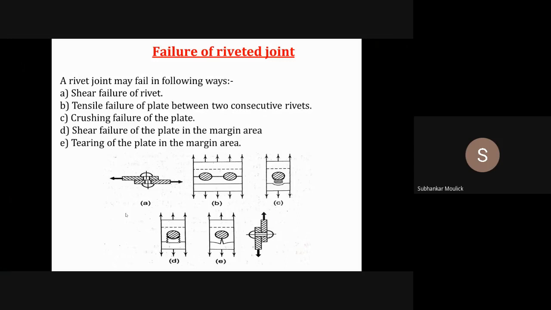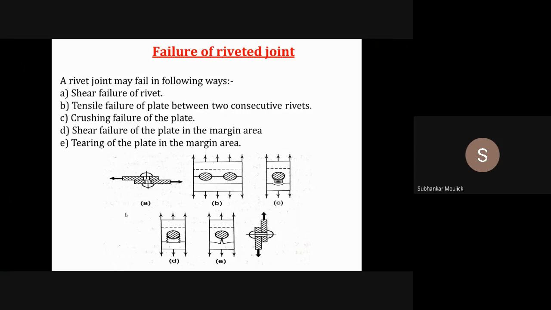So let us start with how a rivet joint can fail when it is in working condition. Normally, a rivet joint can fail in five different ways. The first way is the shear failure of rivet.